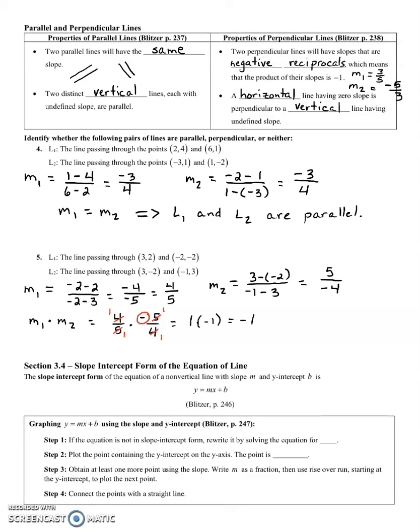That means that m1 and m2 are negative reciprocals. So line 1 and line 2 are perpendicular.